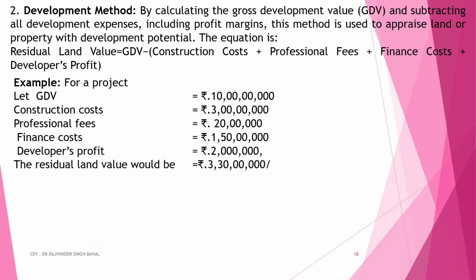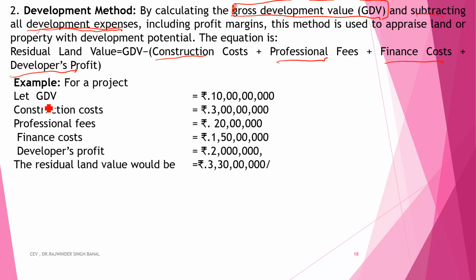Now the development method. In the development method, we calculate the gross development value and subtract all development expenses. First we calculate the gross development value of the project, and from it we deduct all development expenses, which include construction cost, professional fees, finance cost, and developer's profit.